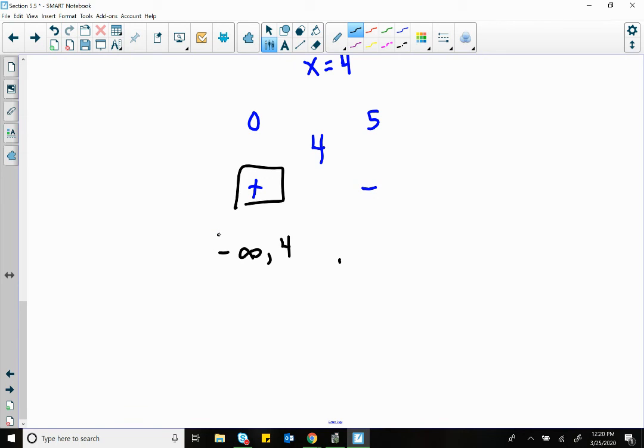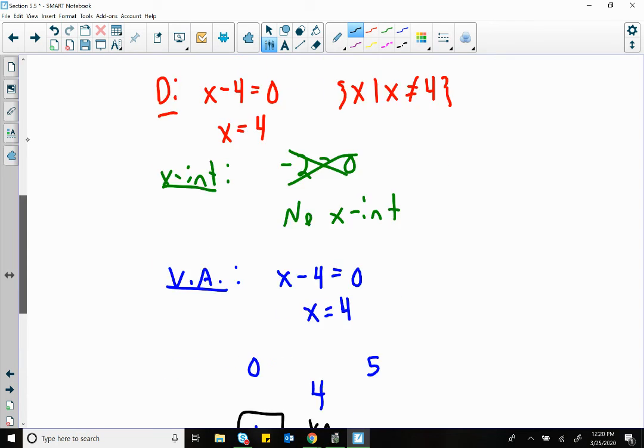Well, we know infinities get parentheses. This number 4, remember from earlier, is a vertical asymptote. And what do we know about vertical asymptotes? They're always parentheses. Even though our sign said equal to, because it's a vertical asymptote, we don't include it. And that is the answer that they want.